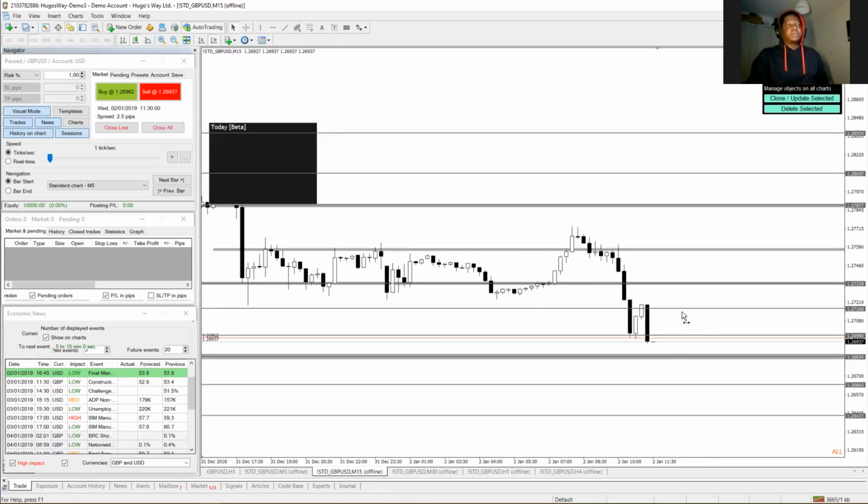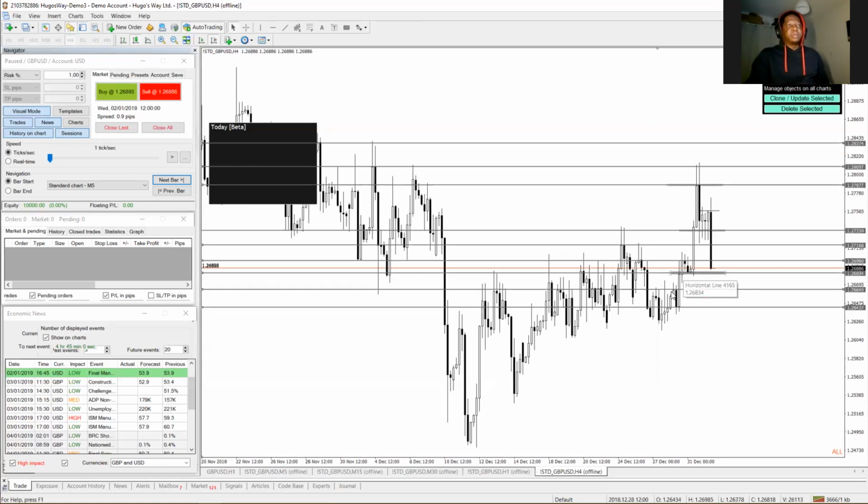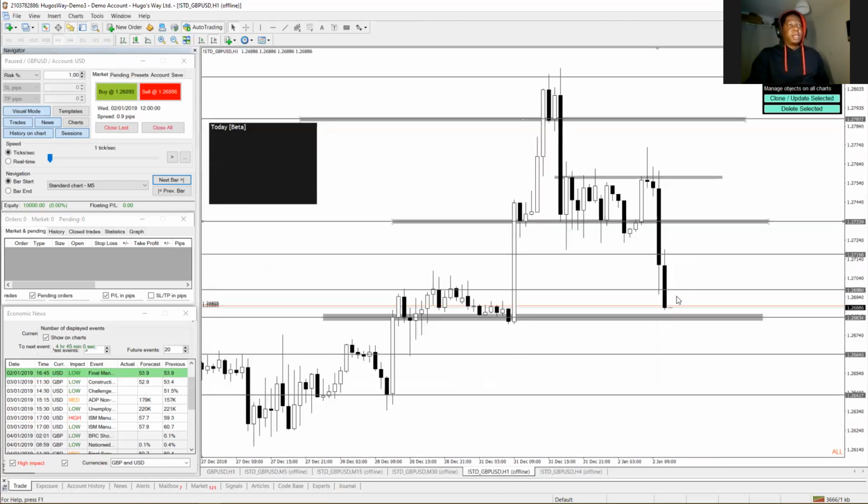So if you look on 15, I'll just play this and see how it plays. Because this level was the previous support level on 4-hour time frame, and I think we missed the sells, so it's better to move to the next day.